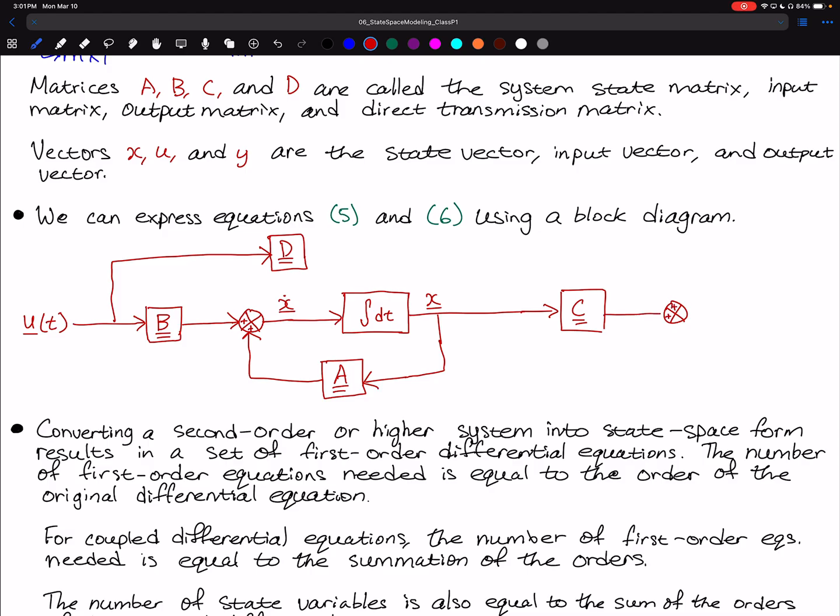It's going to sum with the output of our direct transmission matrix. And then out of that, we're going to get our output y of t. So this is the block diagram representation of the matrix form of the state equation and the output equation.